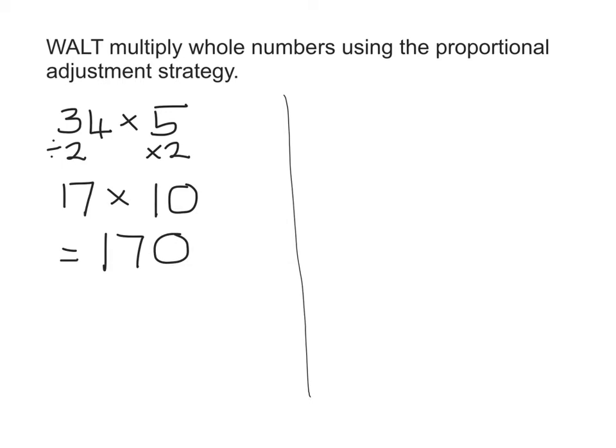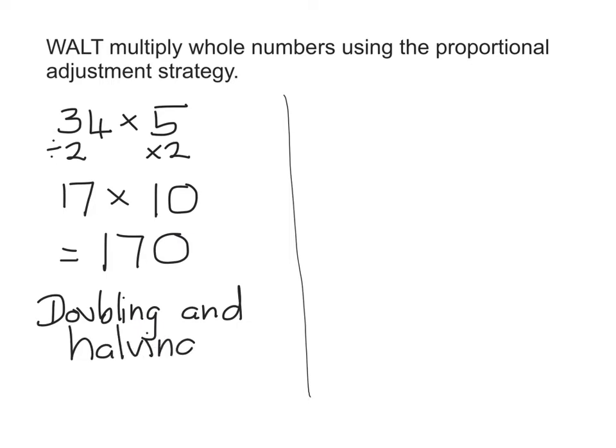So here we have used doubling and halving to proportionally adjust our original sum of 34 times 5 to 17 times 10, which is very much easier to solve.